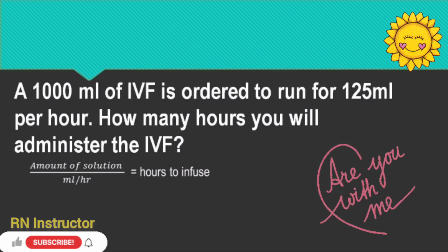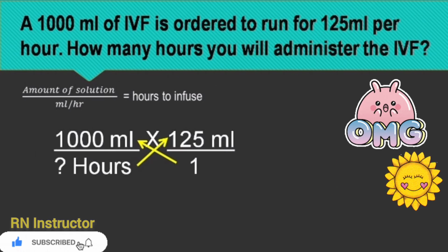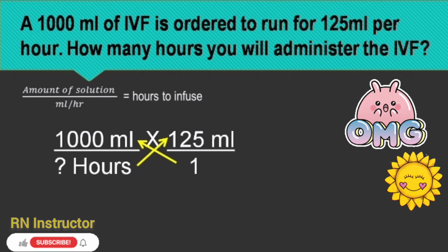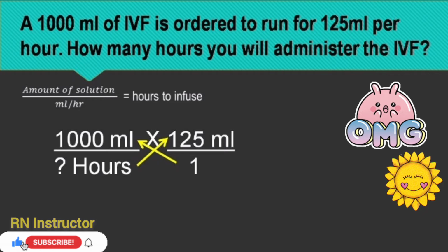So by applying your ml per hour formula, the amount of solution is your 1000 ml. Here you do not know exactly how many hours you need to administer, but there is a fluid flow of 125 ml going on. So how many hours will you be giving this fluid to your patient?